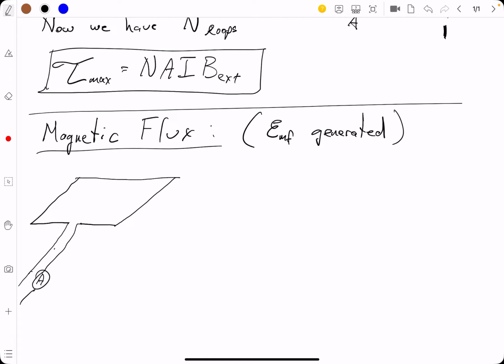And then we're going to rotate it about that axis. Sure, eventually we're going to do that. But for now, we're not going to do any of that. We're just going to have a loop of wire without any connections to anything else.